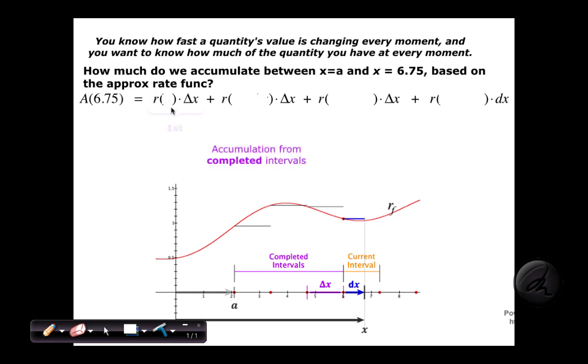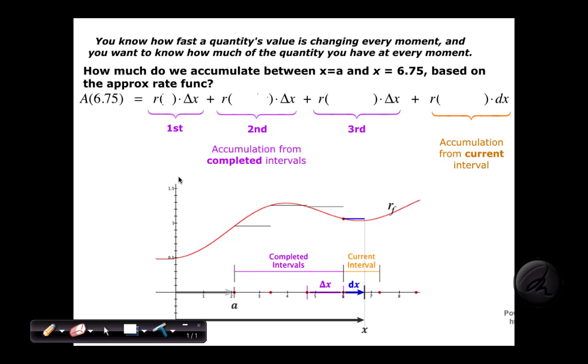A rate times delta x, a rate times delta x, a rate times delta x from our 3 complete intervals, or our completed intervals, the ones we've already gone past if we're at x right now. Plus, we've got this stray part at the end that's a slightly different term because we don't use that rate for as long. So in terms of summation, I want to express these 3 in terms of some way that I can describe 3 consecutive whole numbers being substituted into a rate function and end up with the expressions that I want to evaluate my rates at.